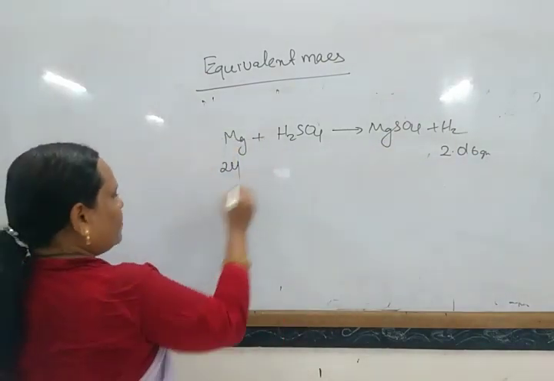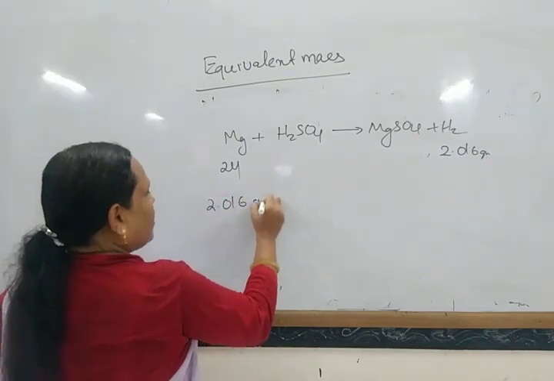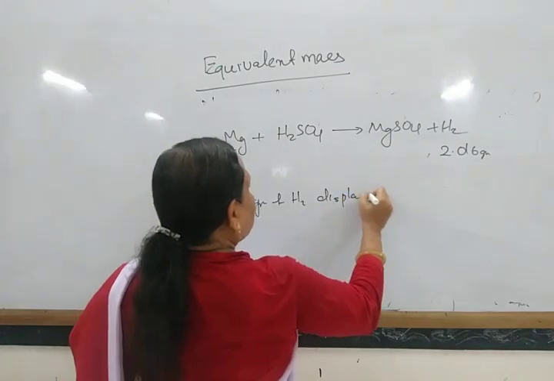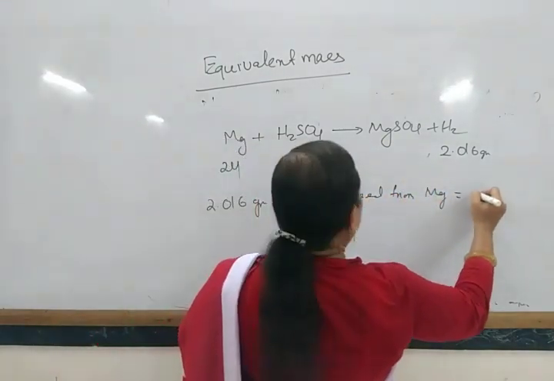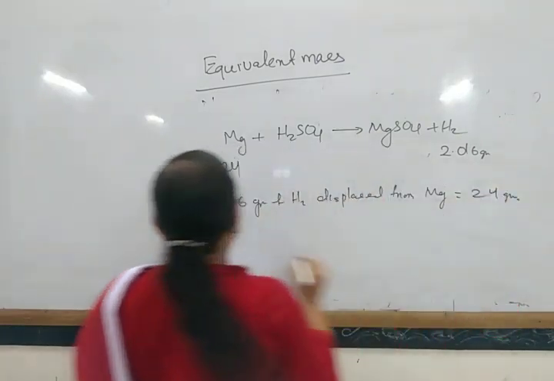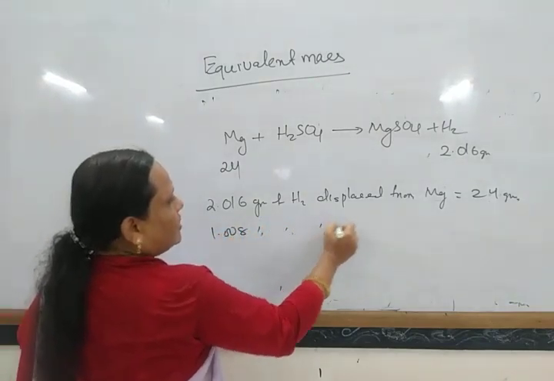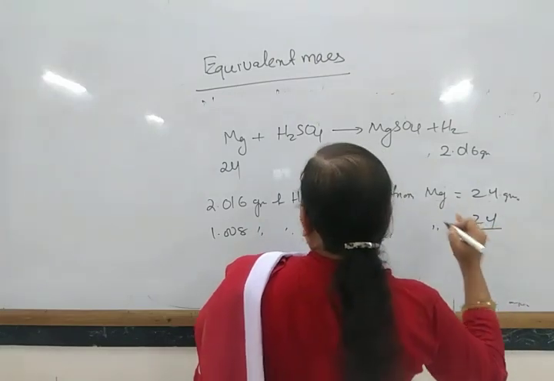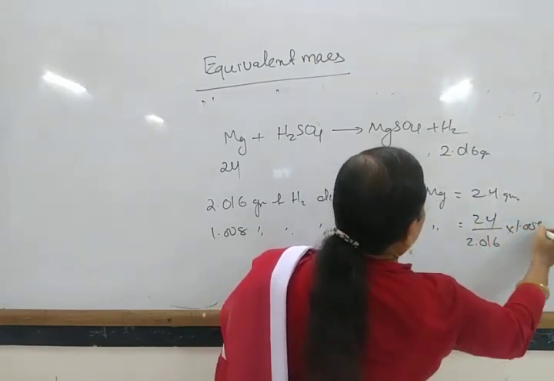So from this we can say 2.016 grams of hydrogen is displaced by 24 grams of magnesium. Then 1.008 grams of hydrogen is displaced by 24 by 2.016 into 1.008.